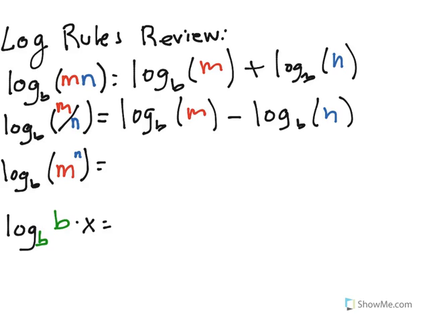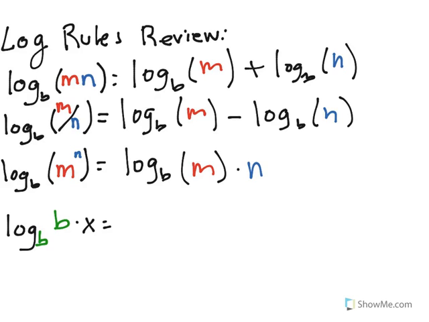The next rule, which I think will be the most important and useful in this tutorial, is log base b of m raised to the nth power. This is the same as log base b of m times n. So the exponent just comes down in front and is multiplied like another constant.